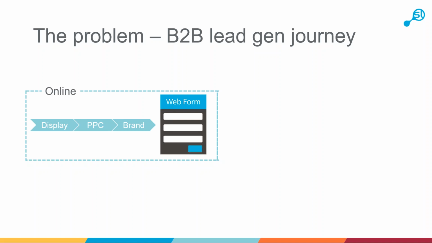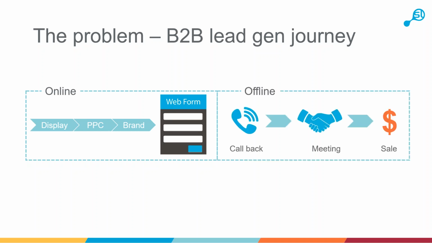So that's where we, as marketers, out of the box, would just see that journey and it would end there. However, offline there are various interactions that we would like to see. There might be calls, meetings, and then sales off the back of it, and it'd be good for us to understand that activity and incorporate that into our decision making for marketing purposes.